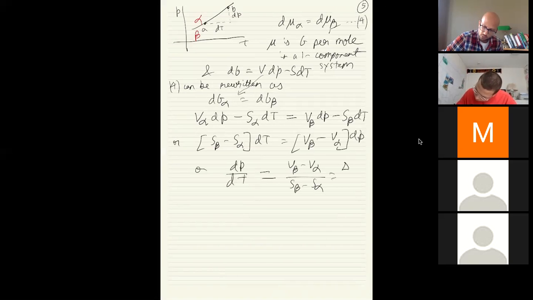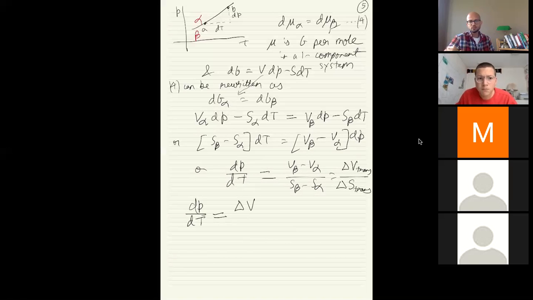This is the change in volume during the phase transition, and this is the change in entropy during the phase transition. What we have just derived is a beautiful equation that tells us that the phase boundary follows this equation. And this is absolutely general for a one component system. We have not assumed anything. This is the equation governing the nature of the phase boundary. Delta V transition, how much does the volume change, divided by delta S transition, how much does the entropy change.